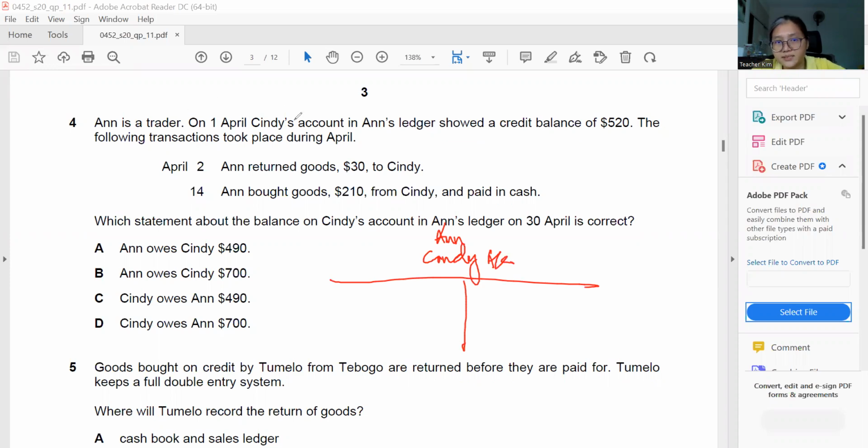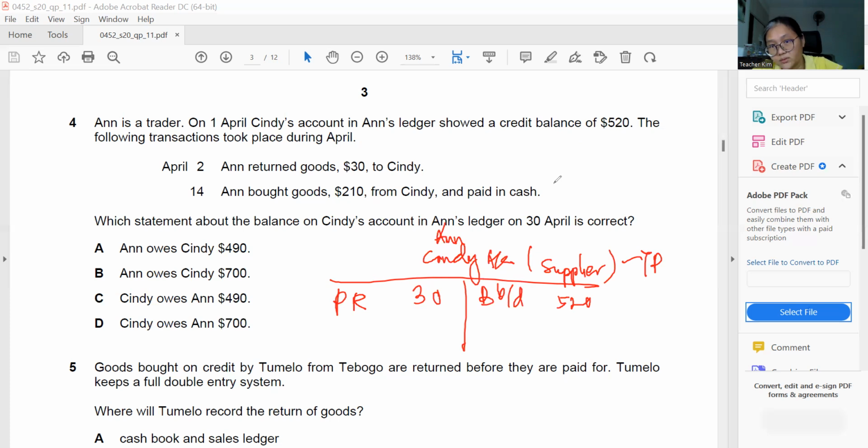On 1st April, Cindy's account shows a credit balance. That means balance brought down 520. Cindy is a supplier, which is a trade payable, and goods returned, 30 to Cindy. This is purchases return 30, and bought goods 210 from Cindy and pay in cash.